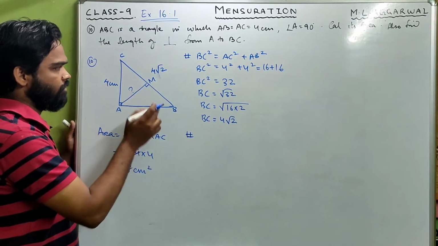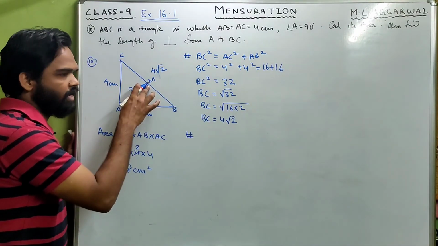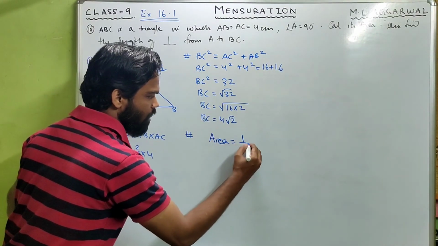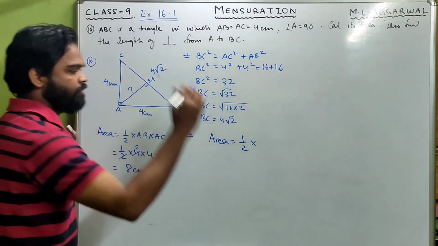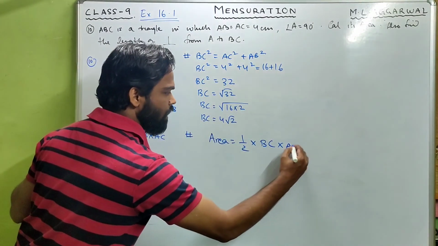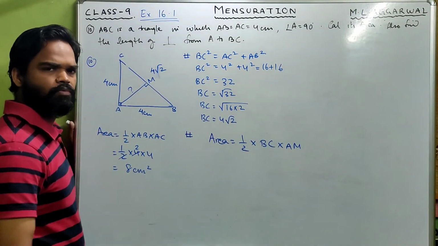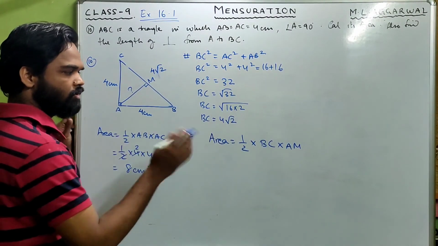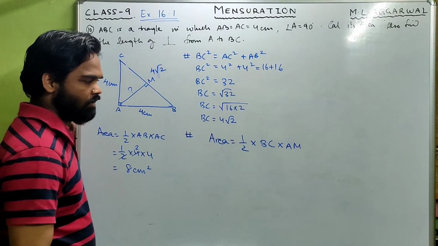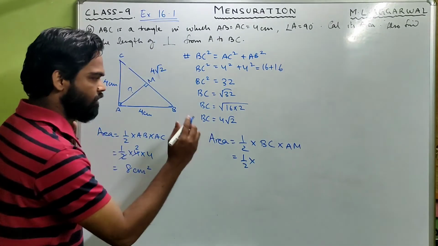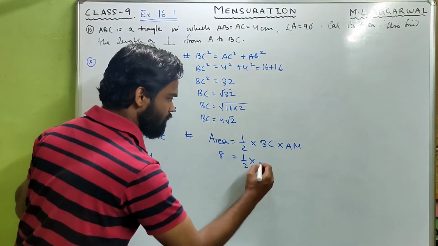Now, area of this triangle, if suppose BC is the base, AM is the height. So can I write area is equal to half, base I am taking as BC, so the corresponding height is AM. I can do like this. For any triangle, if you know the base and the corresponding height, you can do like this. Now, so half, area we already know, that's 8.